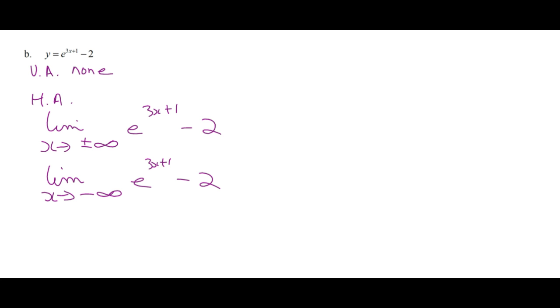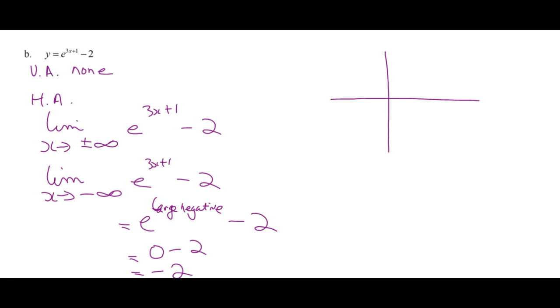So you just think of it, that's e to a large negative number. Large negative. Okay, which would be 0 minus 2, or -2. Okay, and so to sketch -2, actually, I guess we could sketch in the asymptote line.